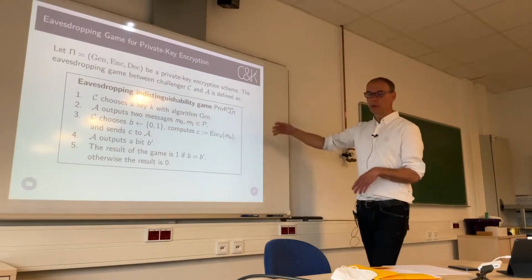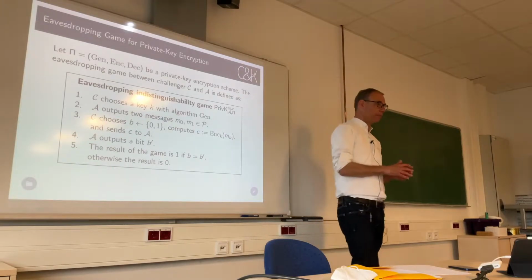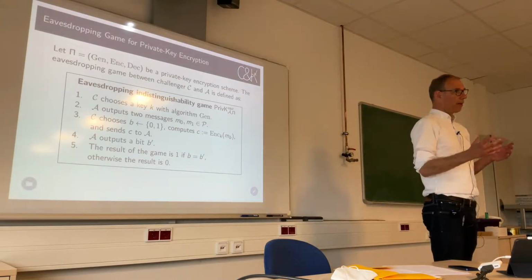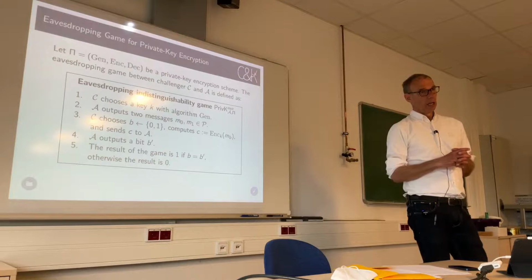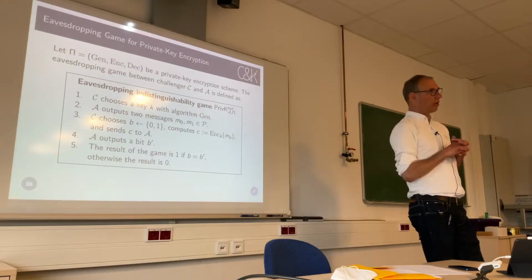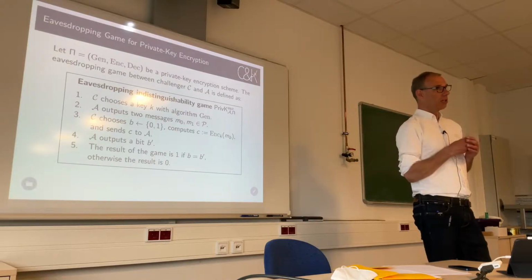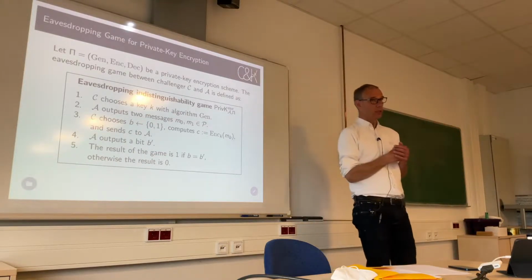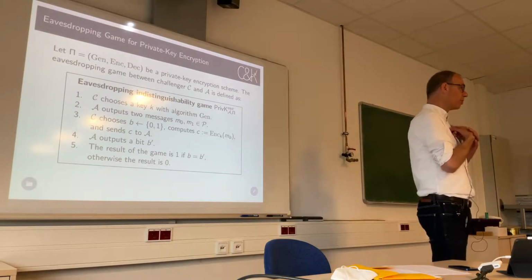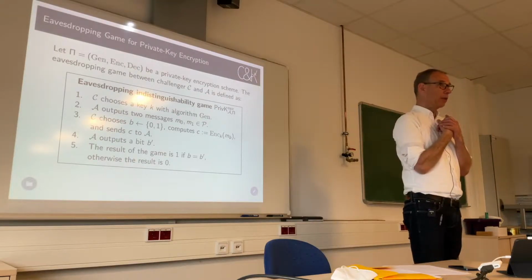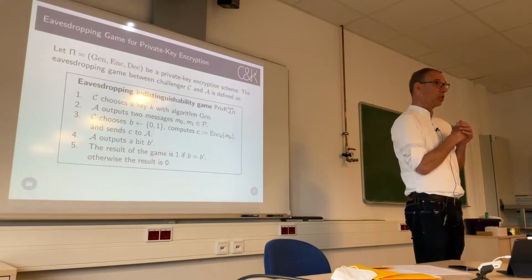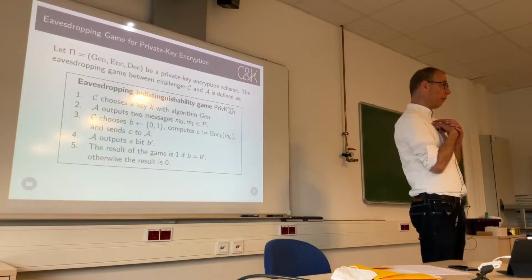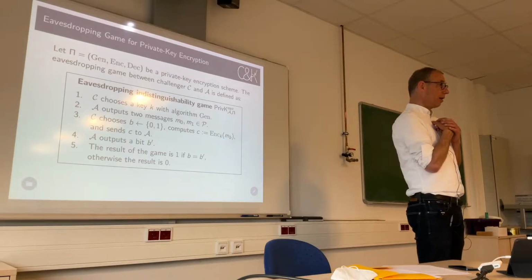The way we do this here in defining perfect secrecy is you imagine you are an adversary and I'm the challenger, and I say, look, if you claim to be able to break perfect secrecy of my encryption scheme, you should be able to do the following. You give me two messages, I encrypt one of them, and then I just give you the ciphertext.